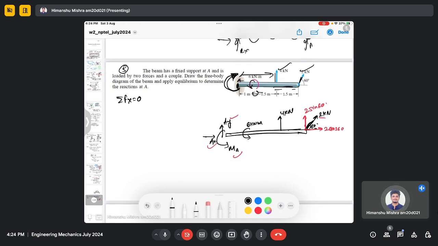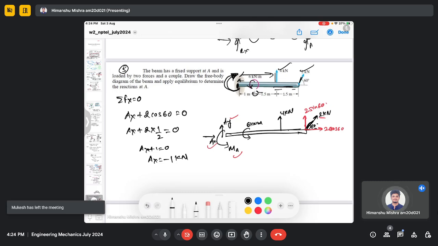So the only force we have is Ax plus 2 cos 60 equals to 0, which is Ax plus 2 multiplied by 1 by 2 equals 0, Ax plus 1 equals 0, which means Ax equals to minus 1 kilonewton, which means the direction of Ax is here, and it is 1 kilonewton.